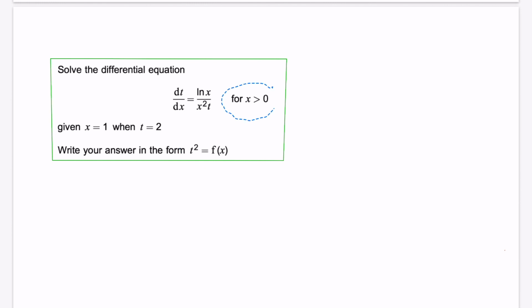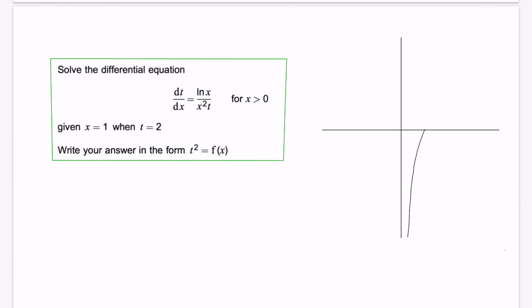Okay, so let's look at x greater than 0. Why should x be greater than 0? Well, it all comes from this, log x. Consider the graph of log x. y is the natural logarithm of x.